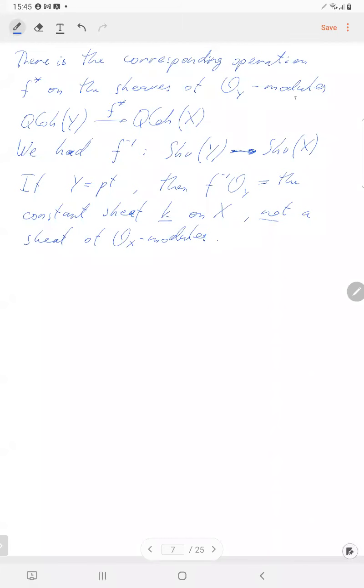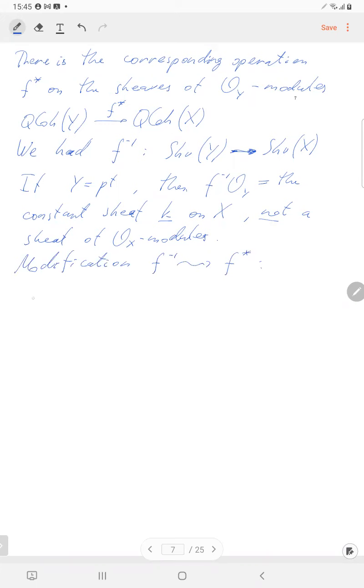So we have to modify this notion of F inverse. And the modification is very, very easy, and somehow it calls for such modification. So F inverse is replaced by F upper star. And what is it?